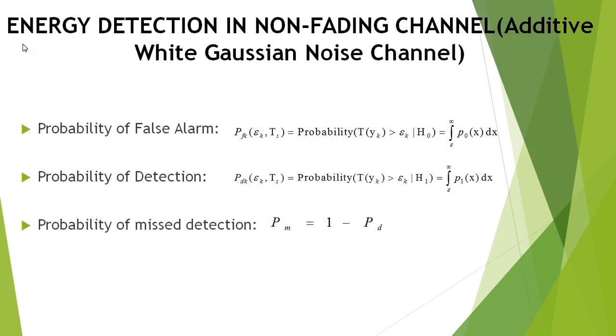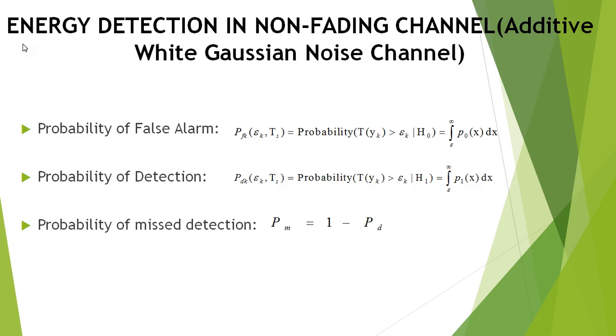Energy detection in a non-fading channel, which is basically the additive white Gaussian noise channel. These are the equations for probability of false alarm, which defines the probability of the sensing algorithm falsely declaring the presence of the primary signal under the hypothesis H0.